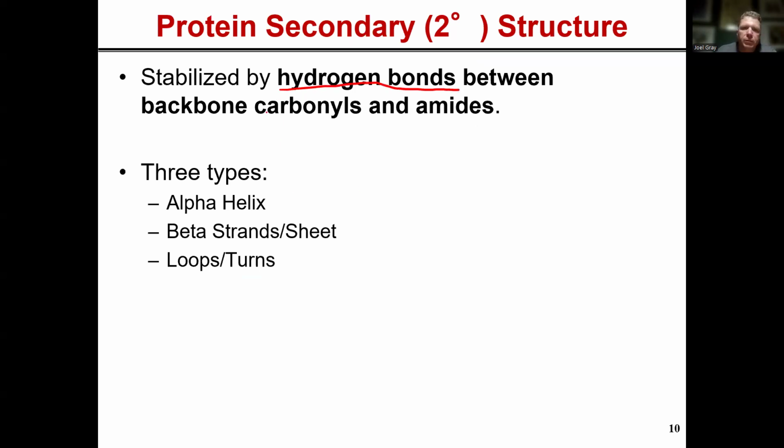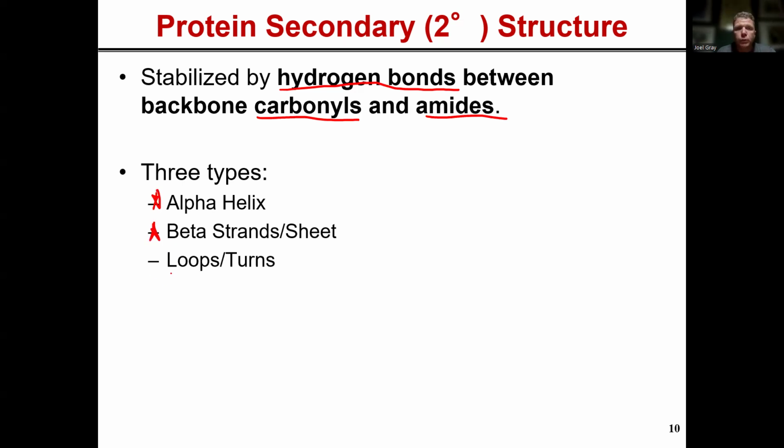So it's between a carbonyl and an amide. Now, there are three types of structures that result from this. Your predominant structures are the alpha helices and beta strands or beta sheets.